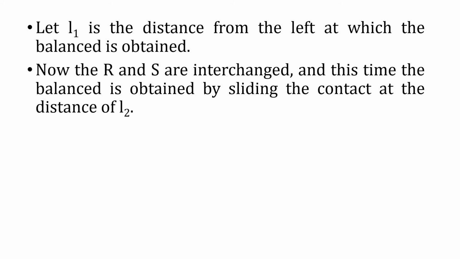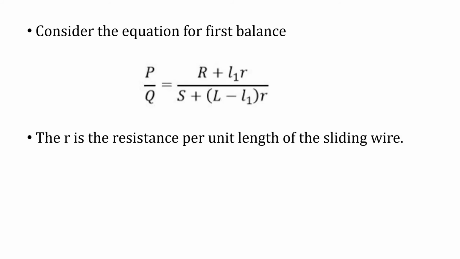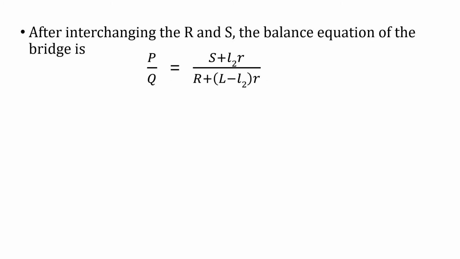Consider the equation for the first balance, that is P by Q is equal to (R plus L1 r) divided by (S plus (L minus L1) into r), where r is the resistance per unit length of the slide wire. After interchanging R and S, the balance equation of the bridge is P by Q equal to (S plus L2 r) divided by (R plus (L minus L2) into r).